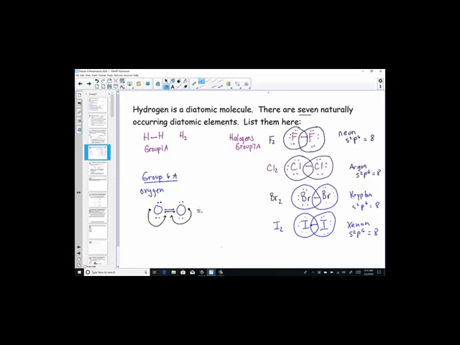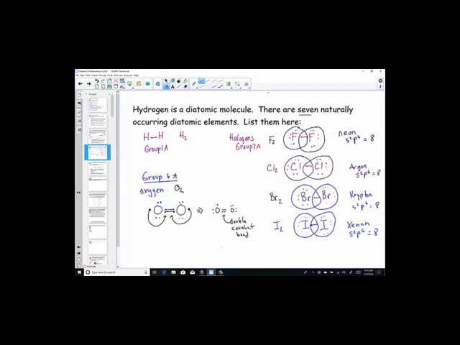Now let me redraw that much cleaner. We have an oxygen with 2 lone pairs combined with another oxygen who has 2 lone pairs, and they're sharing 2 pairs, which makes this a double covalent bond. The oxygen molecule in nature is the elemental form of oxygen.